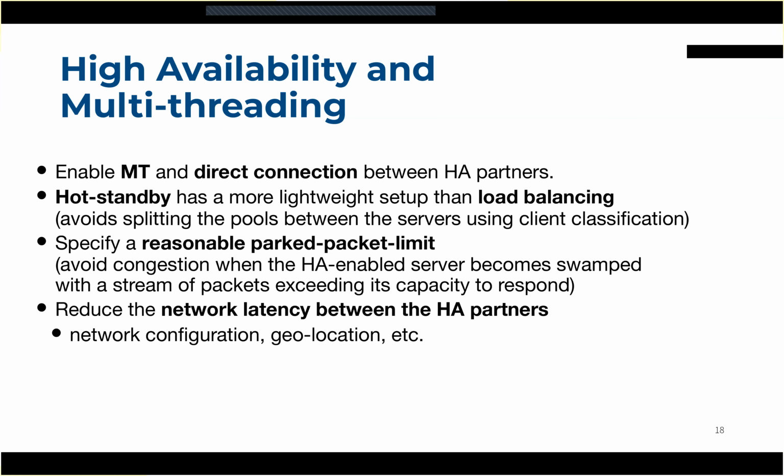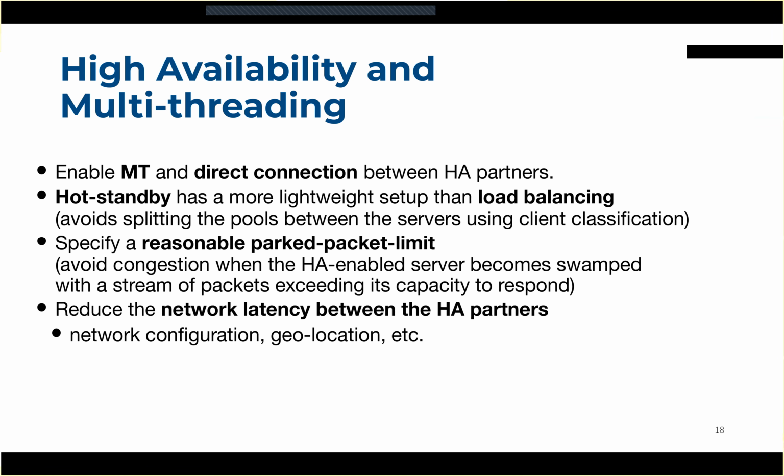So if you configure this packet limit to too large a value, then there will be a lot of packets waiting in the queue. This will increase the memory footprint, and also it's not that good to have that many packets buffered.